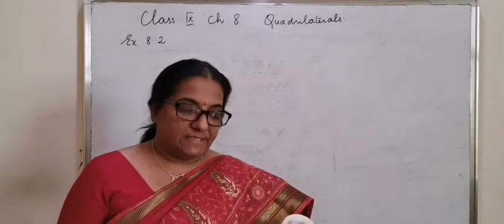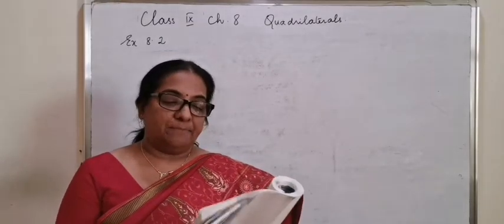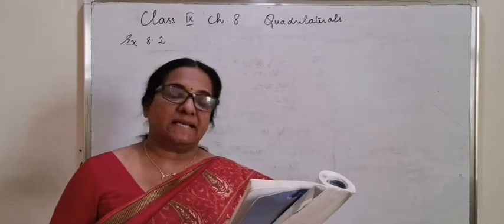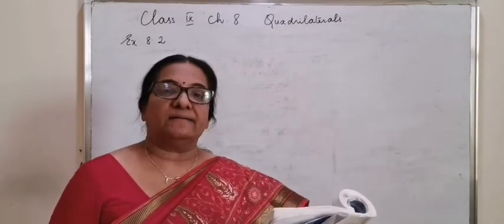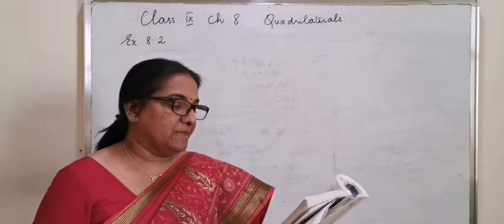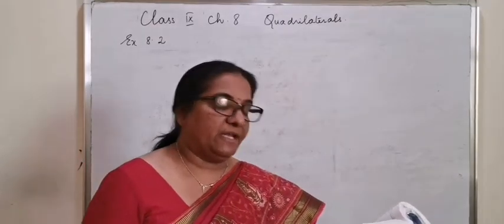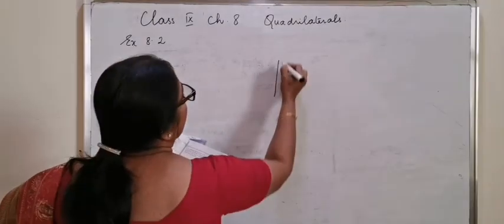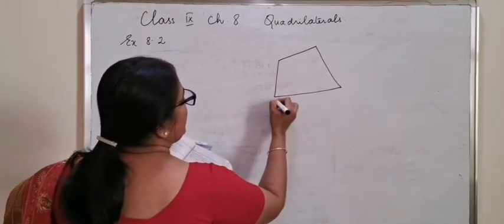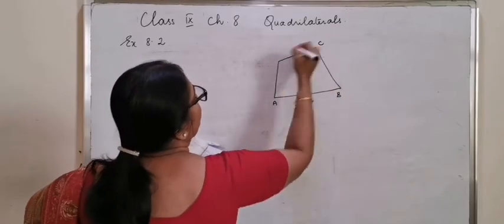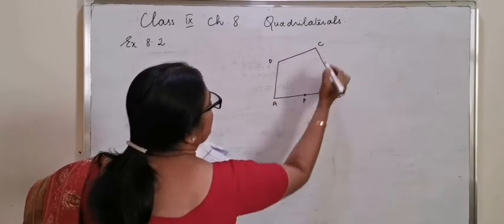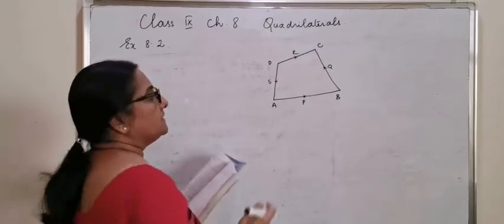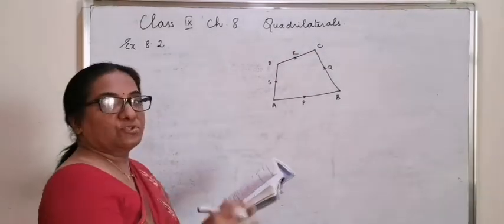Question number 6. Show that the line segments joining the midpoints of opposite sides of a quadrilateral bisect each other. So given ABCD is any quadrilateral, then P, Q, R, S are the midpoints of the four sides.